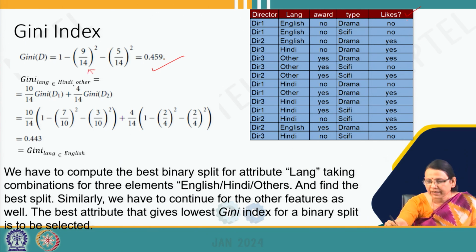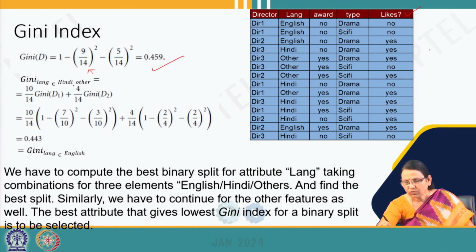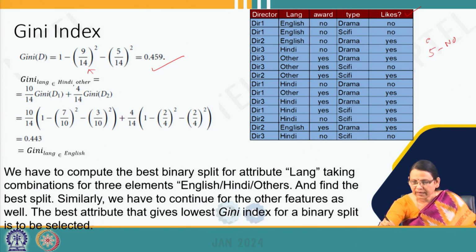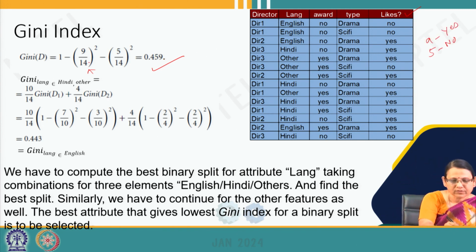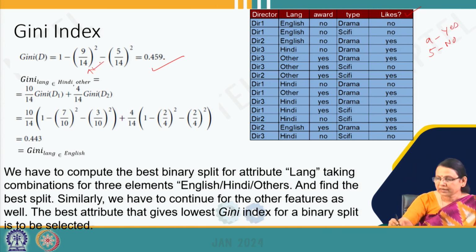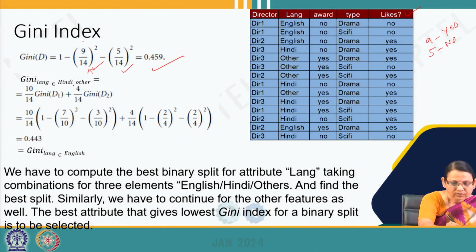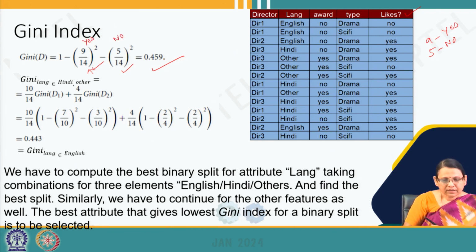If you look at this variable, in 5 places it is no, and we have 9 yes. So, probability of getting yes is 9 by 14 and probability of getting no is 5 by 14.